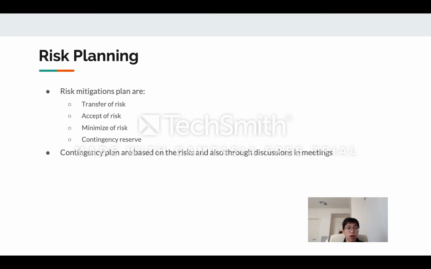So the risk mitigation plans are transference of risk, acceptance of risk, minimization of risk, and using a contingency reserve. The contingency plan are based on the risk and also achieved through discussions in meetings.